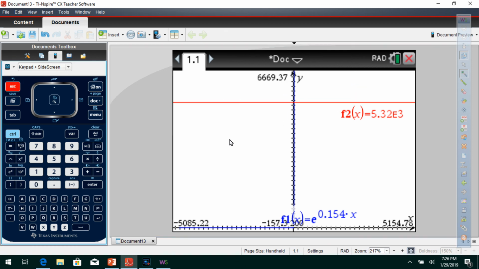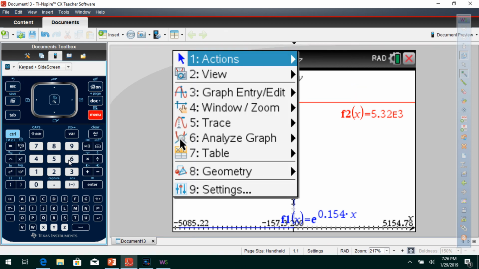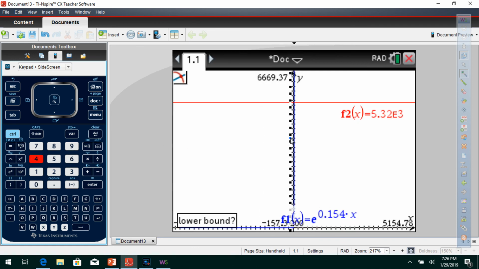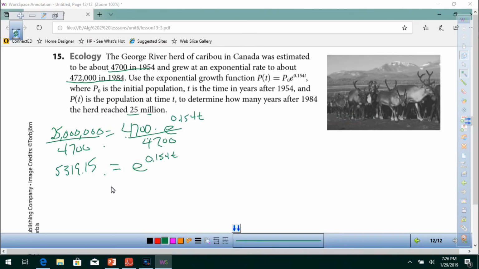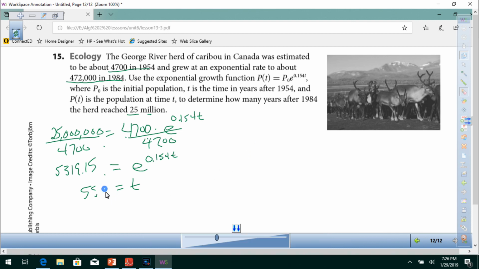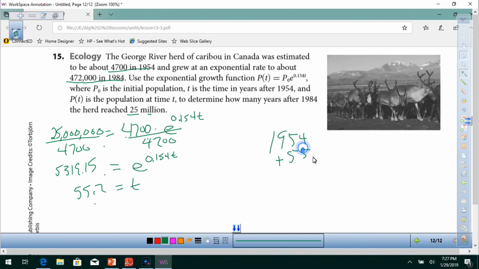Can you tell where that is? I can't tell either. Menu 6, 4, and if I do it like this, it's going to take 55.7 years. So 55.7 equals T. So I have to find 1954 plus 55.7.